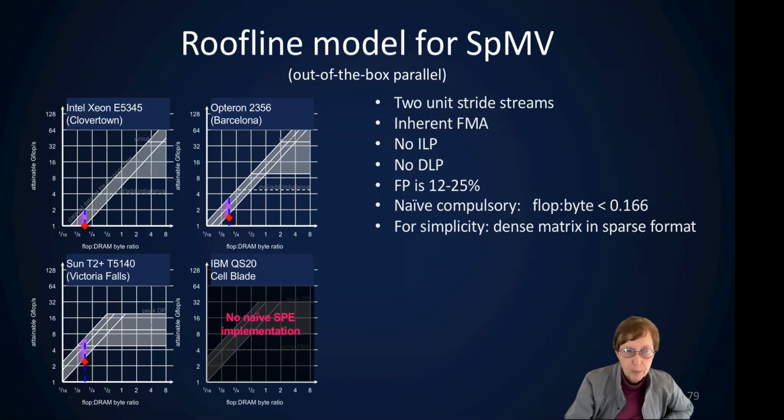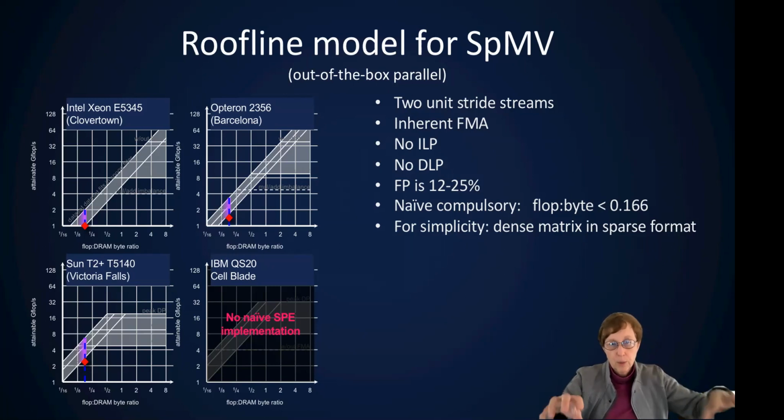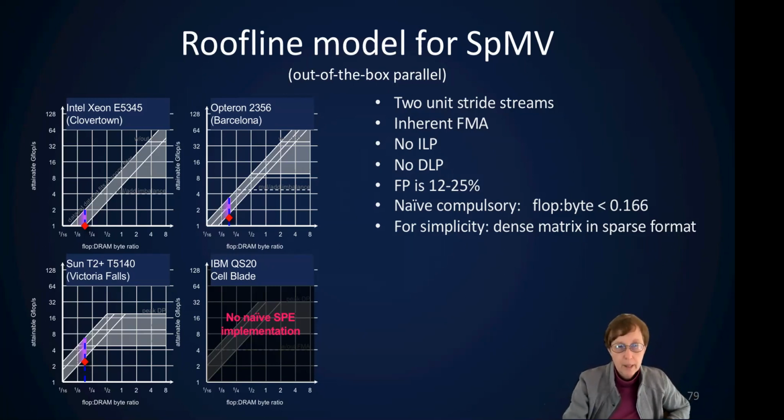There are multiple bandwidth lines on some of these roofline plots, and that has to do with the memory system having, say, multiple streams, because you've got a non-uniform memory system with different groups of memory associated with different cores, for example. If you haven't optimized things well for that, you're going to run at this lower bandwidth peak, and you're pegged on that lower bandwidth number for all 3 machines that show up here.